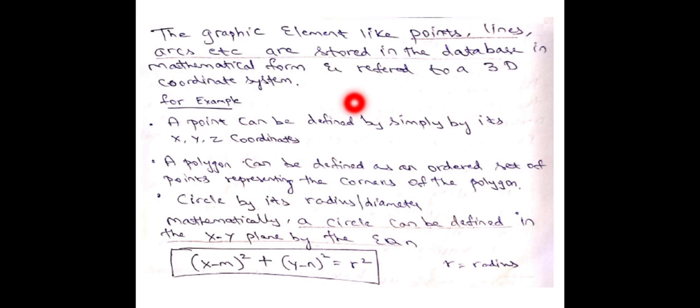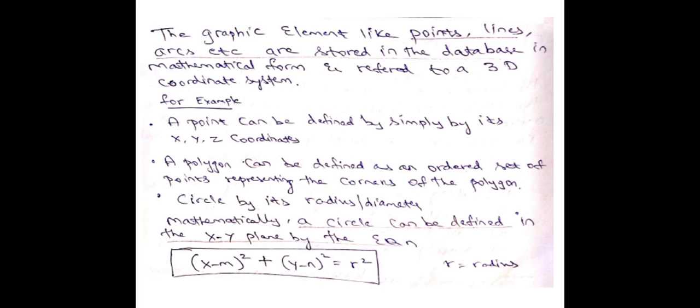Graphic elements like points, lines, arcs, etc. are stored in the database in mathematical form and referred to a 3D coordinate system. For example, a point can be defined simply by its XYZ coordinates. A polygon can be defined as an ordered set of points representing the corners of the polygon.